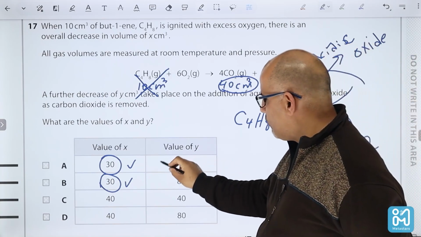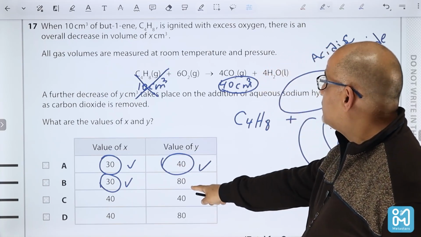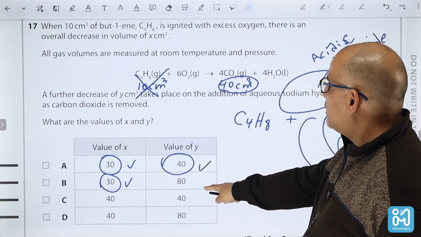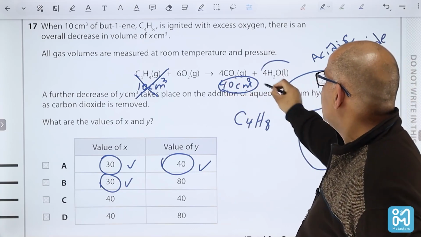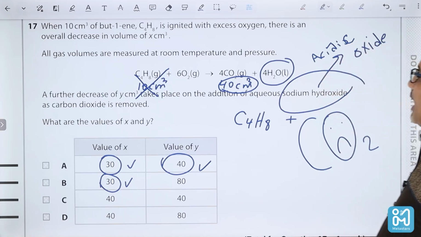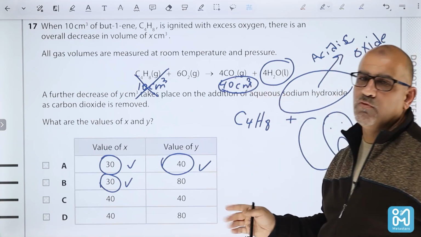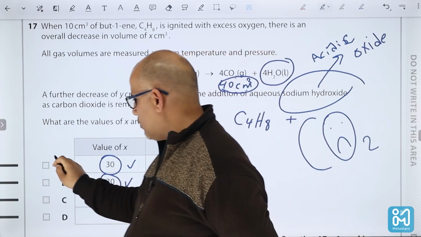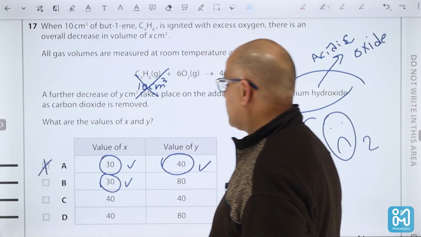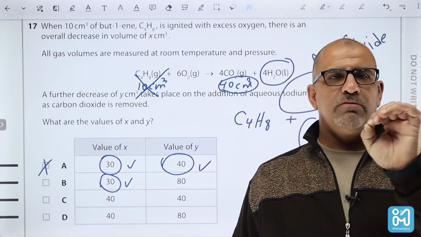So what is removed from the reaction is 40 and not 80, because water is a liquid at standard temperature and pressure. Not all gases are removed. Only 40 cubic centimeters of carbon dioxide is removed. That's the first part of this paper, the multiple choice questions.